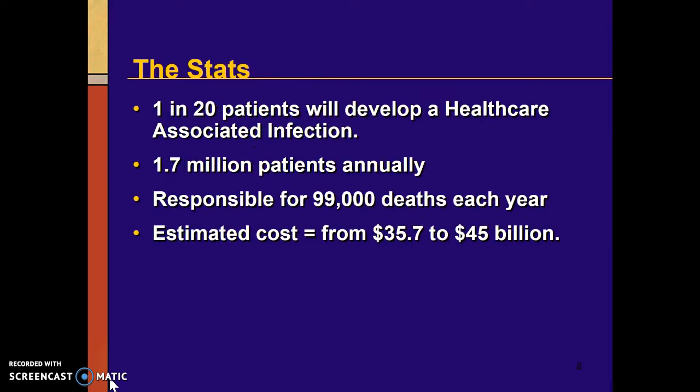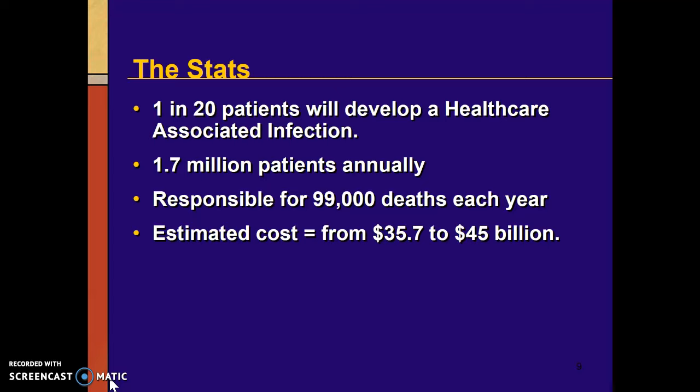These are some of the stats just to know how serious healthcare associated infections can be. 1 in 20 patients will develop an infection while they're in a healthcare organization. 1.7 million patients will have infections annually, and this may lead to up to 99,000 deaths each year.